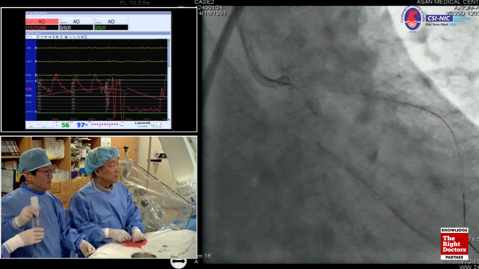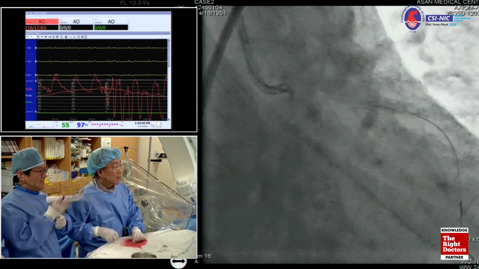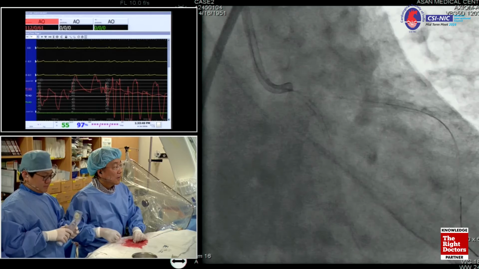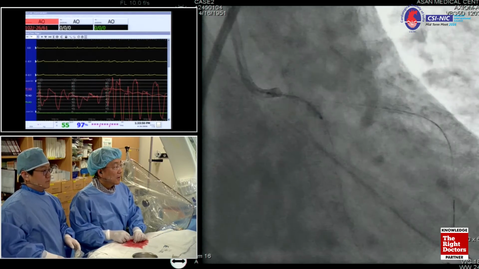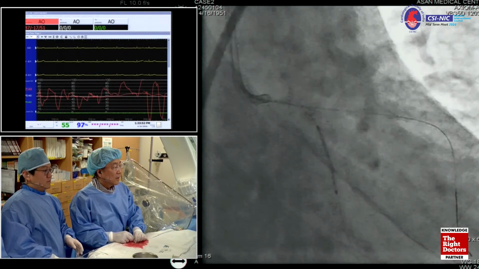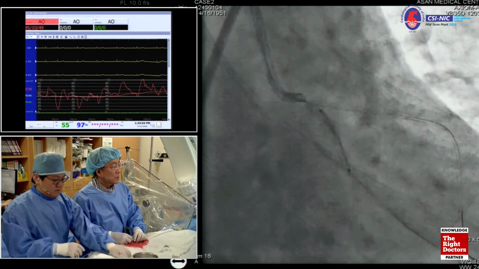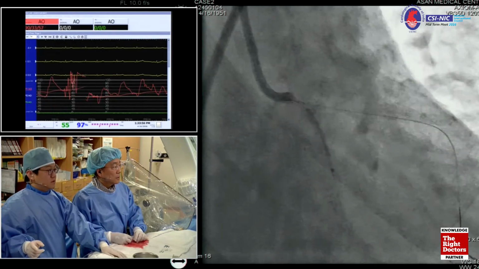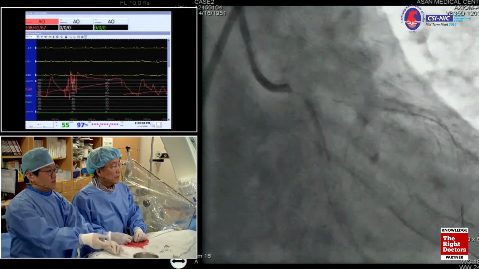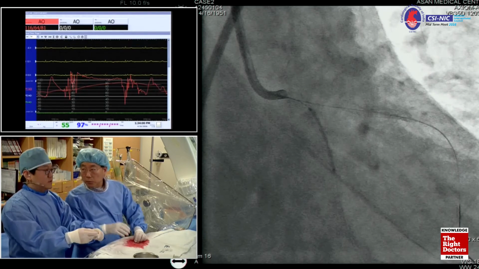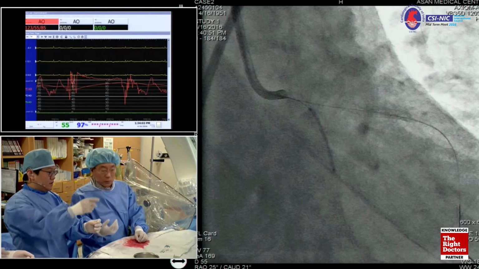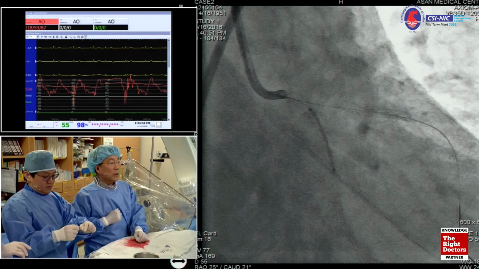You already have done the predilation in the circumflex artery area. Only the left main predilation. The circumflex. No. Test, please. I think it's quite enough. You have done predilation of the LAD? Okay, LAD, we didn't do that. Okay.